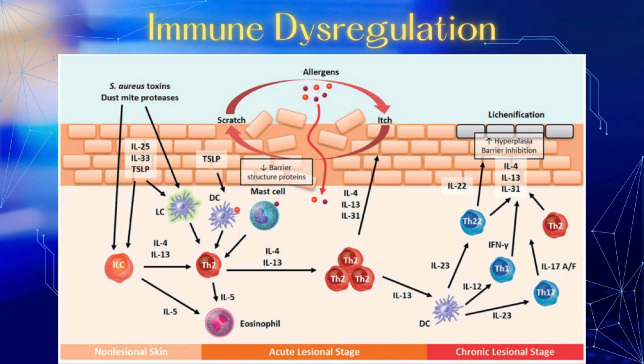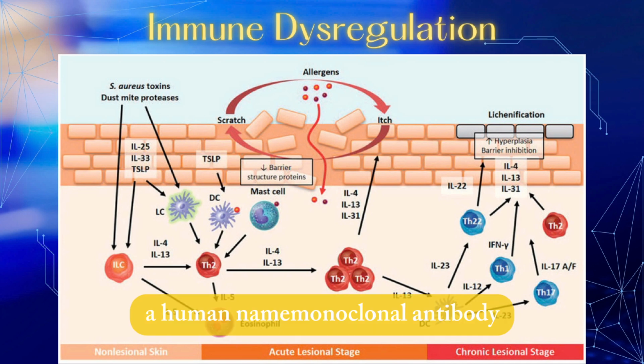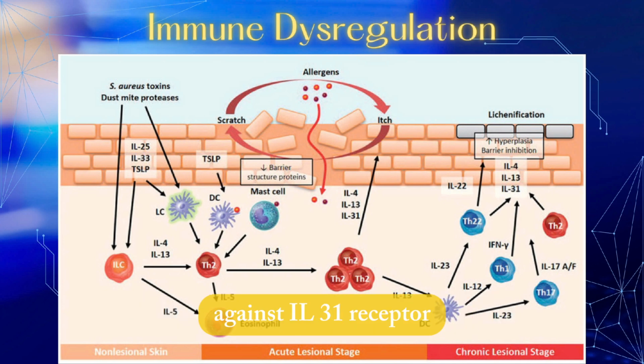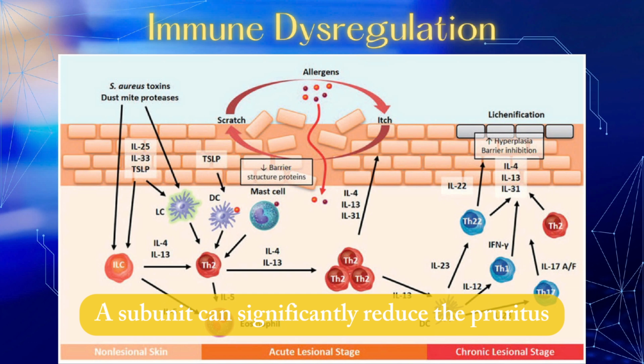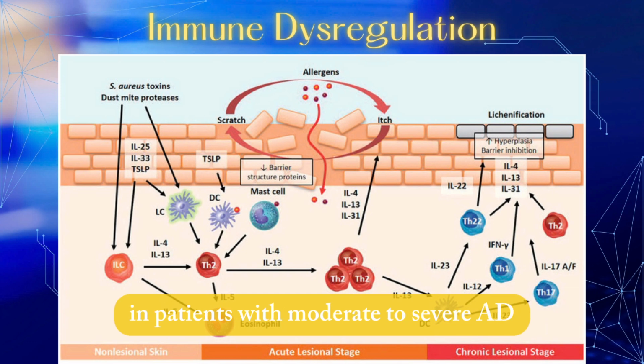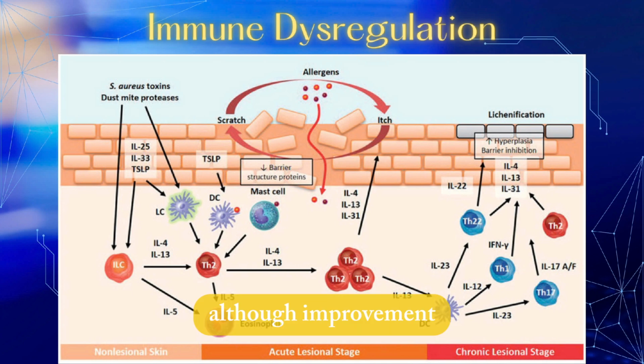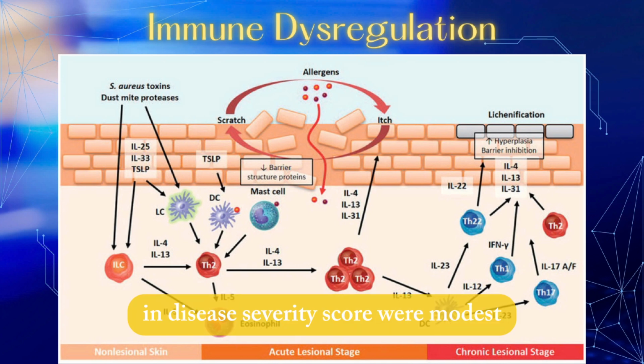Randomized controlled trials have shown that nemolizumab, a humanized monoclonal antibody against the interleukin-31 receptor A subunit, can significantly reduce pruritus in patients with moderate to severe AD, although improvement in disease severity scores was modest.